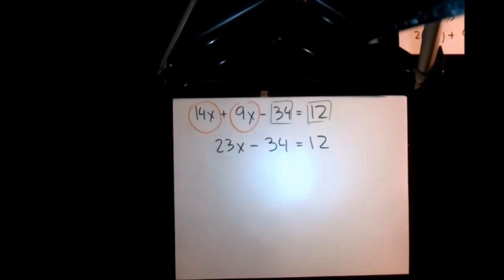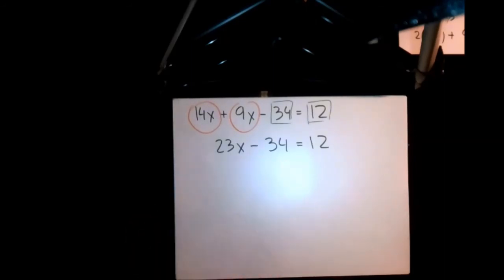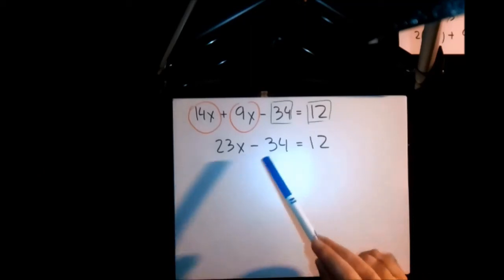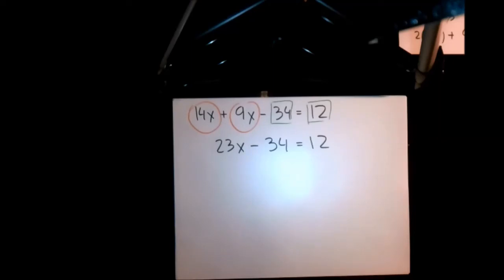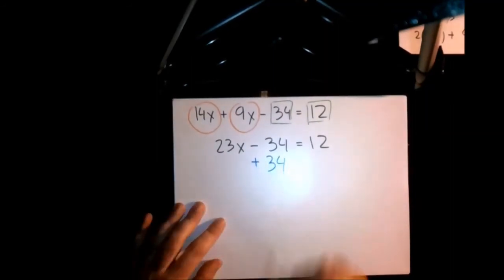All right, two-step equation now. Isolate x by getting rid of this and this. And I'm going to tackle the one that's further away, which you should too. What's the opposite of minus 34? Plus 34, inverse operation.